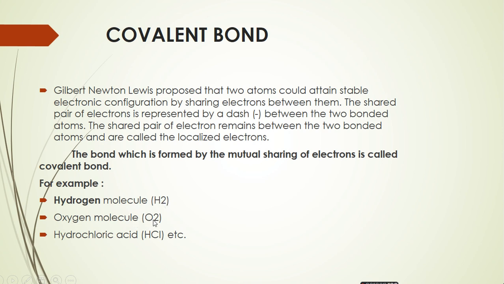Oxygen has outer shell 6 electrons, so both oxygen atoms have to share two electrons, so the resultant will be two pairs, two from each side, so total 4 electrons, means two pairs, so two dash lines will be here. And here chlorine needs one and hydrogen has outer one, so they will again share one and one dash line will be in between them.